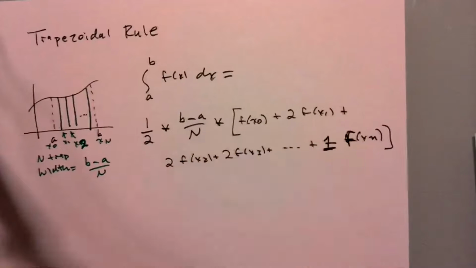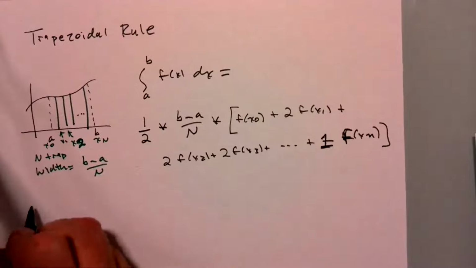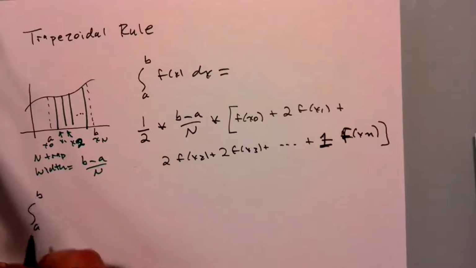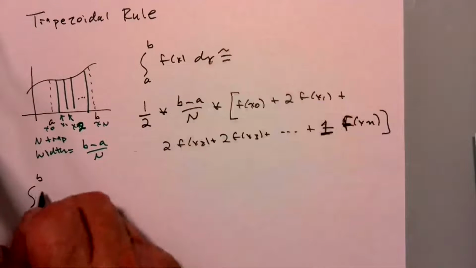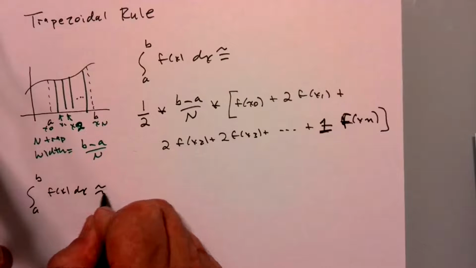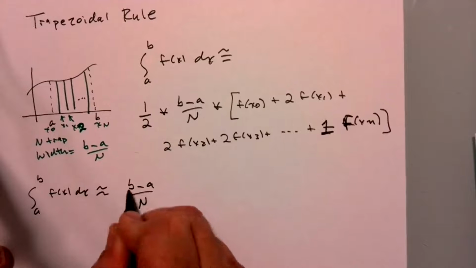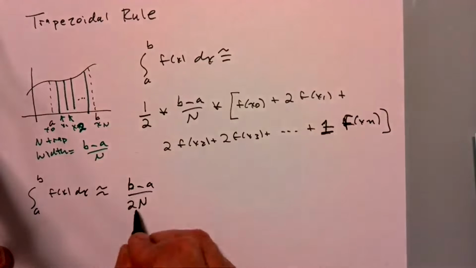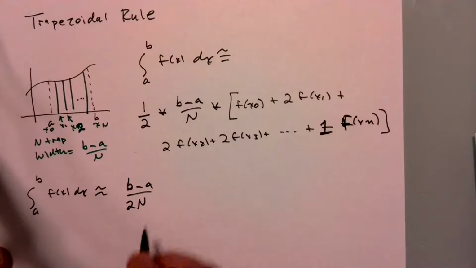1/2 times b minus a over n. Sometimes it's written this way. So one more time, the integral from a to b of f of x dx is approximately equal, by the trapezoidal rule, to b minus a over 2n. You can see why: b minus a over n is the width, and 1/2 we need for our trapezoidal rule.